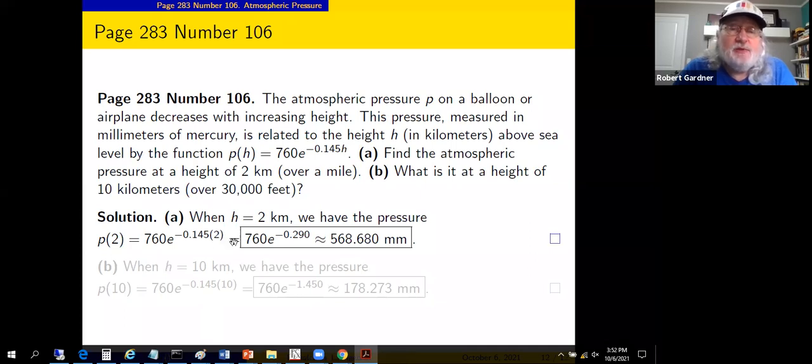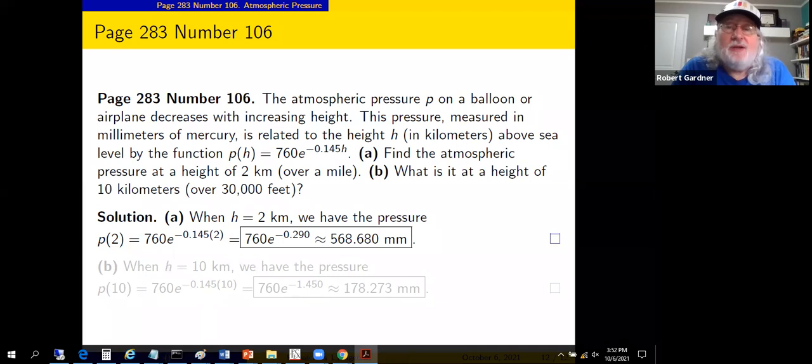Multiply the exponent, get negative 0.290, and we're stuck with this. This is the precise value, but we need a calculator to convert it into pressure. Pressure was measured in millimeters of mercury, they say. So from a scientific calculator with a base e key, we will find this is 568 and some odd millimeters.